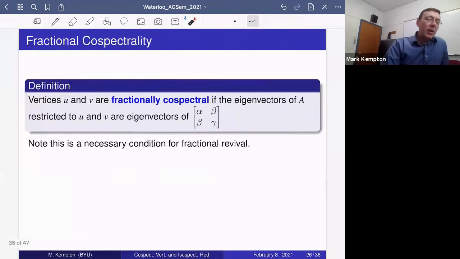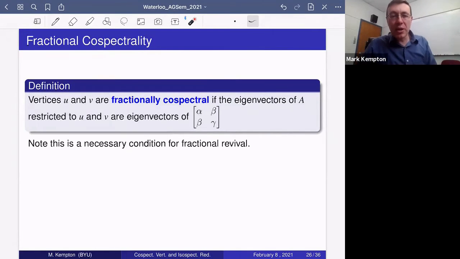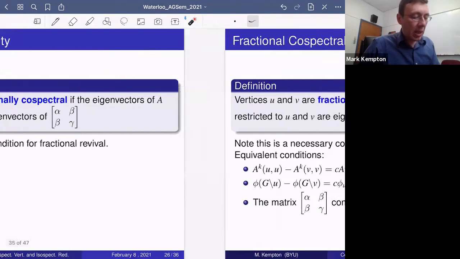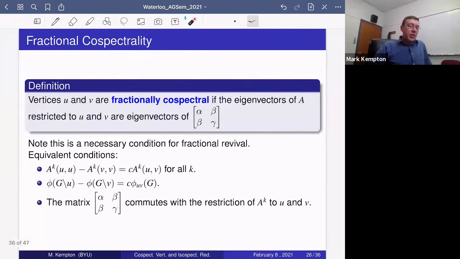There has been some work in developing the theory behind fractional revival. Just like cospectrality is a necessary condition for perfect state transfer, you can come up with similar necessary conditions for fractional revival, which we call fractional cospectrality. There are various characterizations of this that are similar to the characterizations we have of cospectrality.